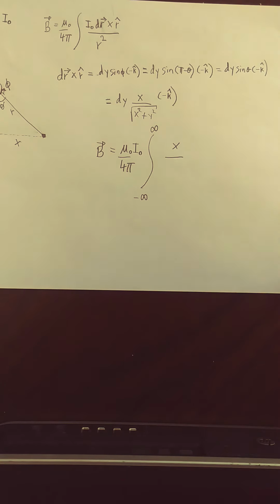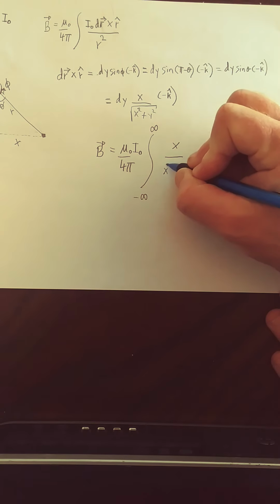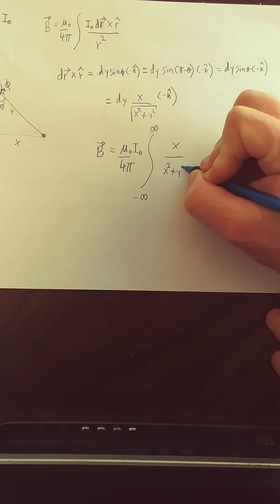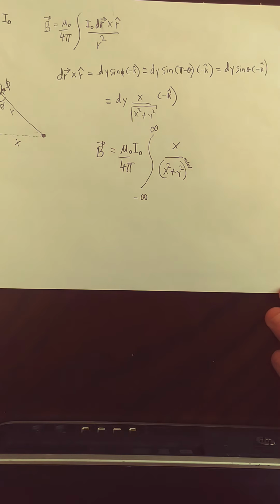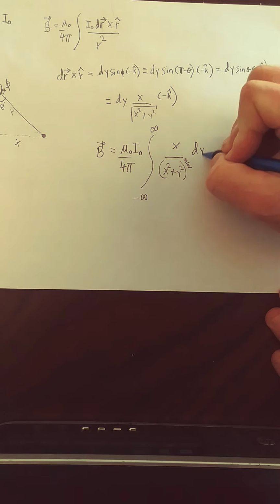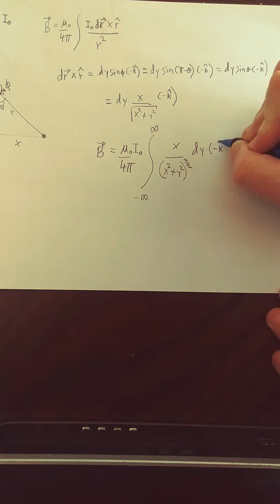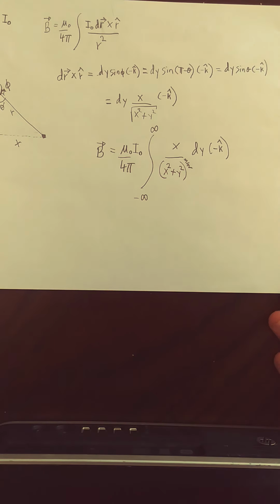So unsurprisingly, as we've seen before for the electric field, we get x squared plus y squared to the 3 halves, in dy times minus k hat. Now we have to evaluate that expression.